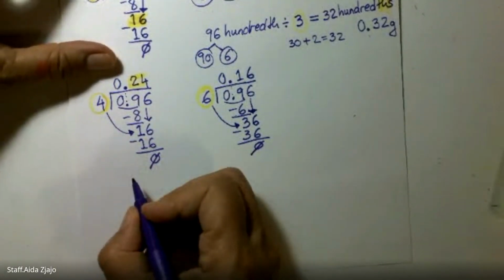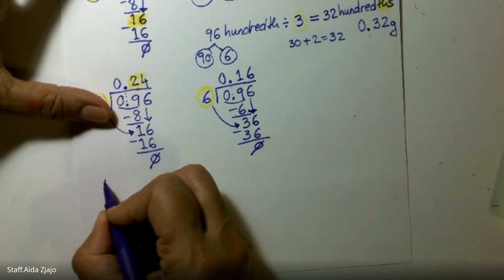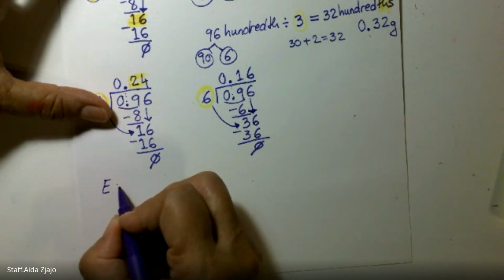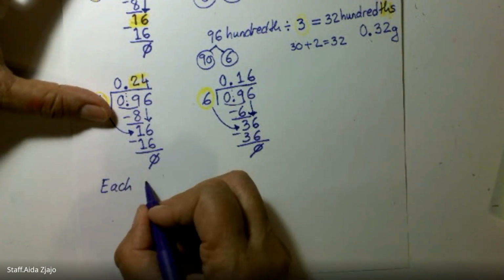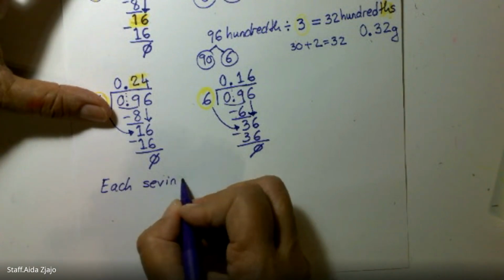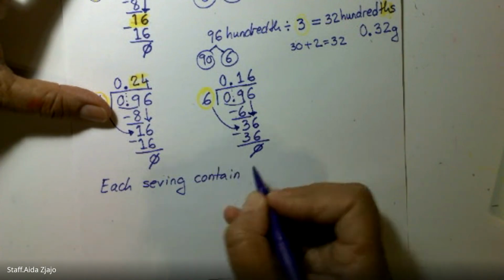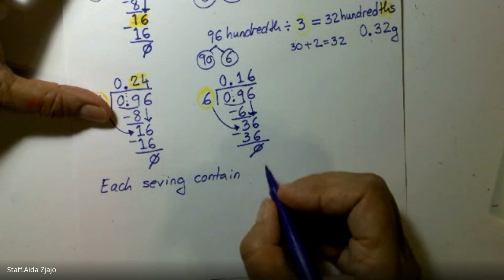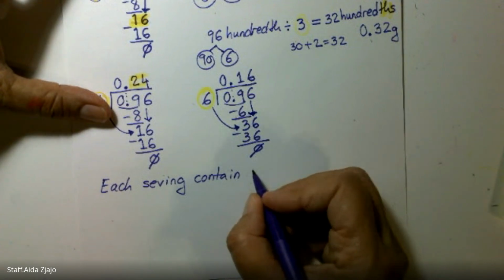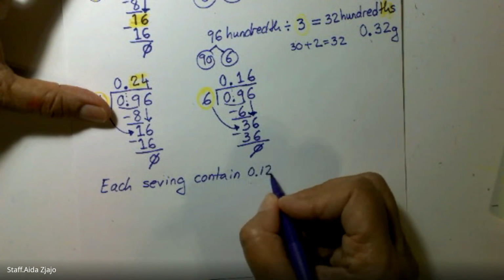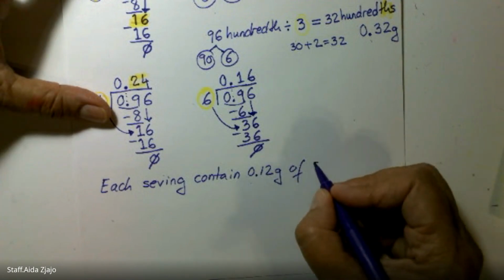So each serving contains 0.12 grams of sodium.